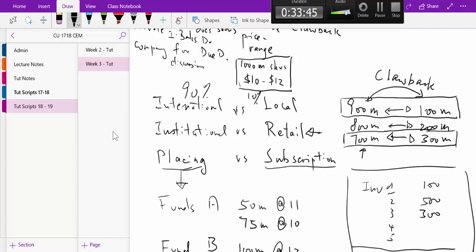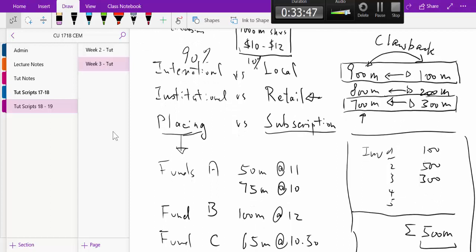Now, you are going to add another 150. This is the so-called over-allocation at this point in time. So all in all, you are planning to sell 850 to the institutional side.